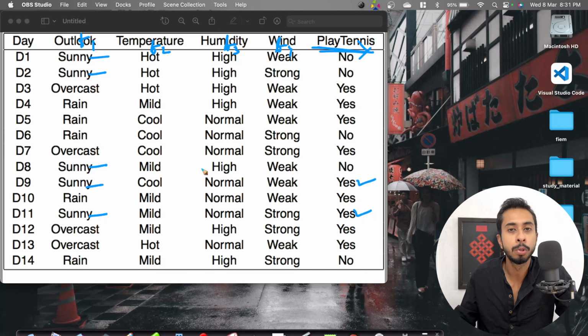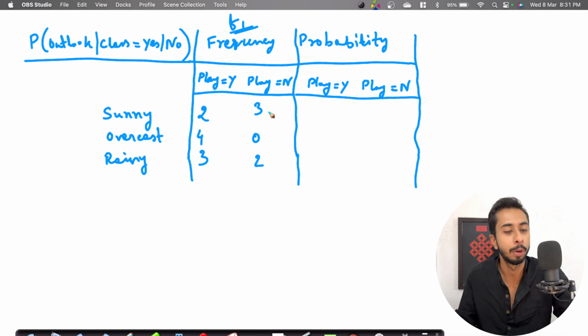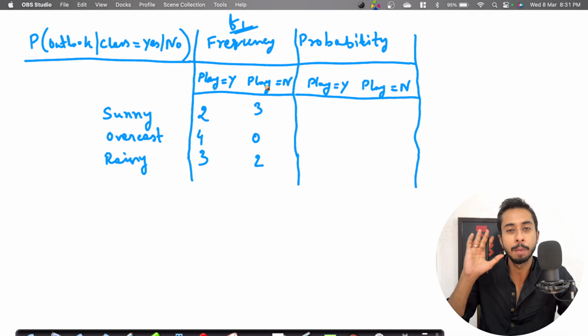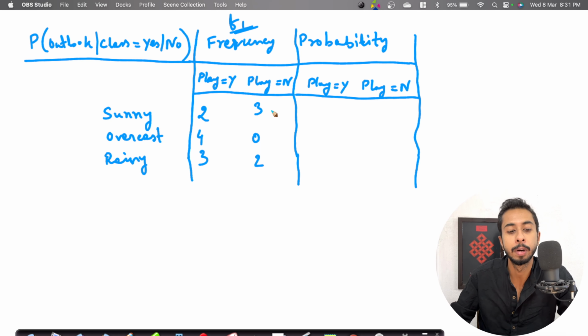So 2 sunnies have yes. That is what I have written here. This is play yes and this is sunny, so the corresponding element will be 2. Sunny, no. How many? 3. Okay, you can check the data set. So totally 5 sunnies were present in the entire data set. Out of those 5 sunnies, 3 sunnies correspond to no. That is why I have written here 3.